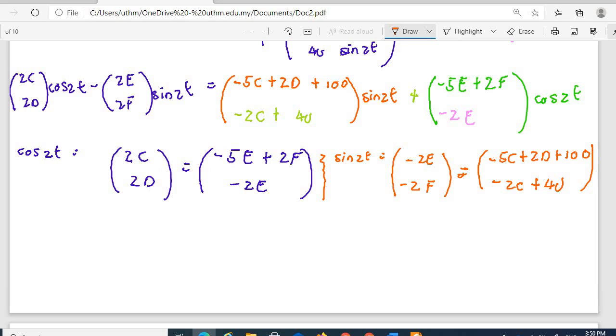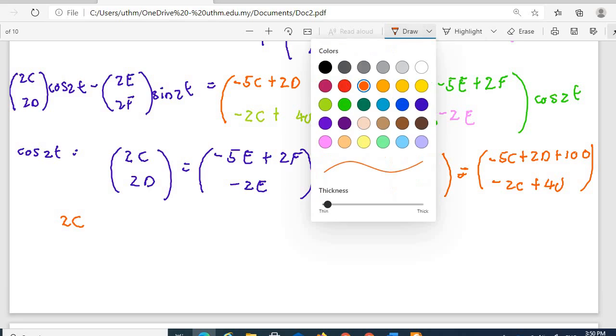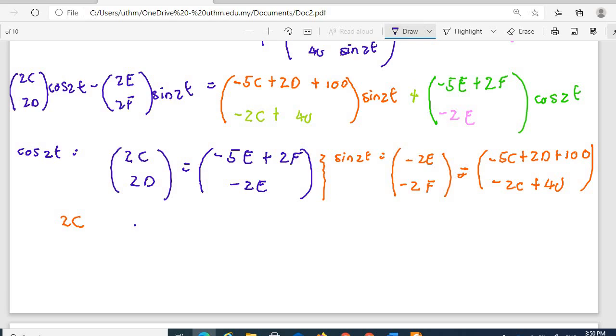Here, put out the 4 equations first nicely. In the first equation, you have 2c, you don't have d, so plus 0d. Right hand side is negative 5e plus 2f. I collect everything to the left hand side, so plus 5e minus 2f equals 0.